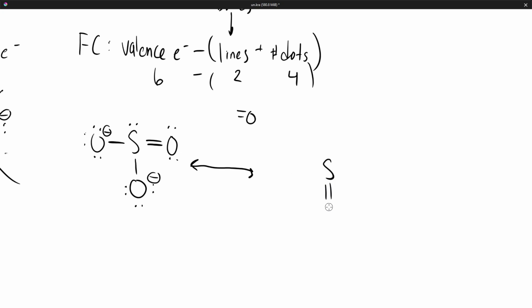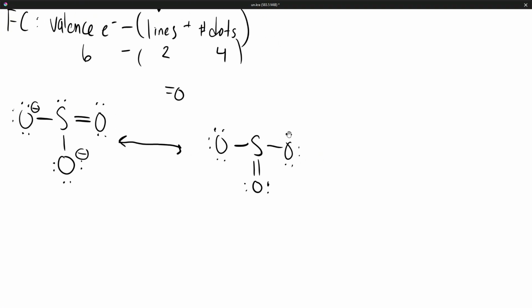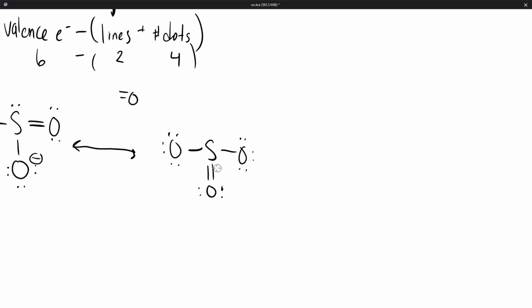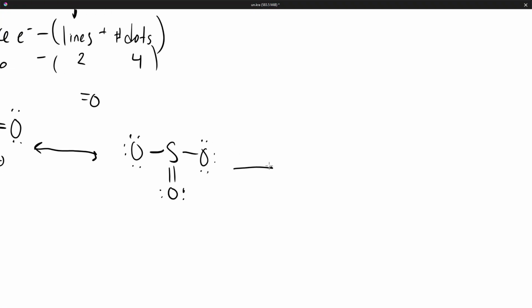Like so. This is another possible resonance structure. Now you can change the double bond to be here on this left one instead.